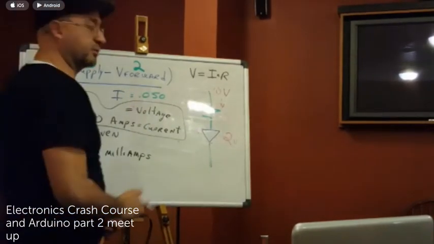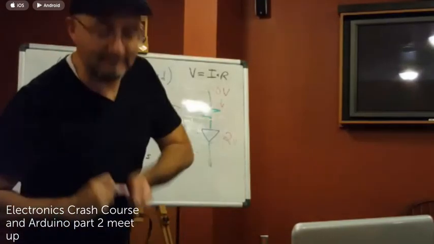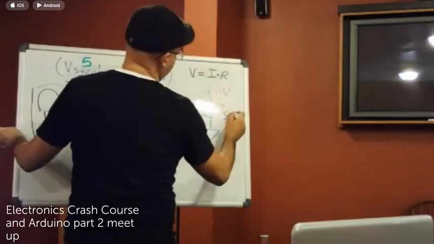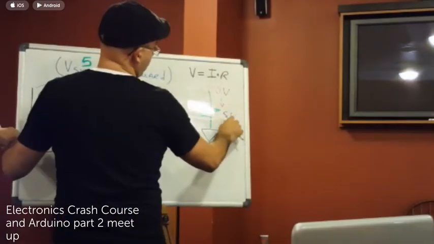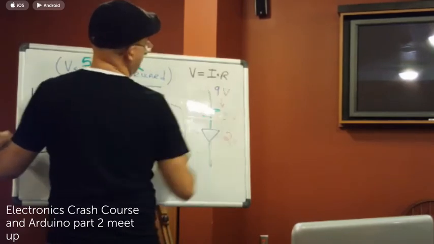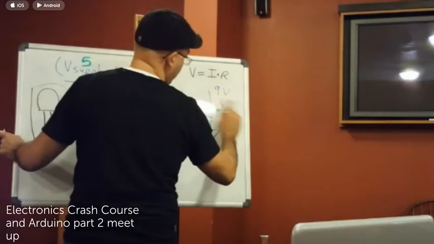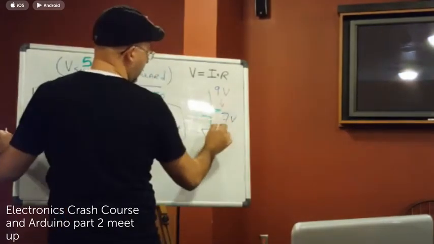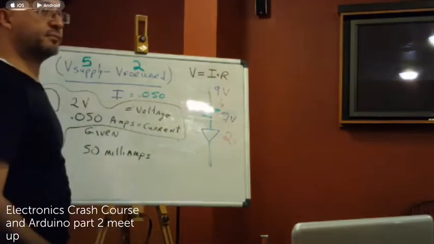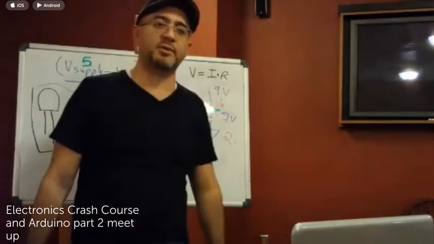We need 8, that's correct. When you get a 9 volt battery, we need 7. That's correct. 7 to drop out, so we can have 2 working here. If we overdo this, then this will burn out. Very simple, right? So far, everybody understands. Any questions from anybody in Periscope?